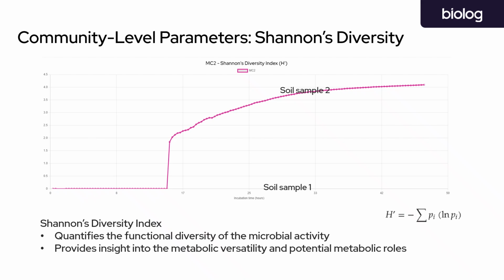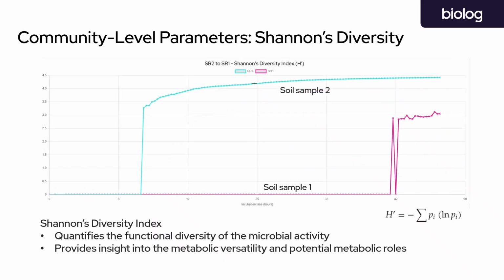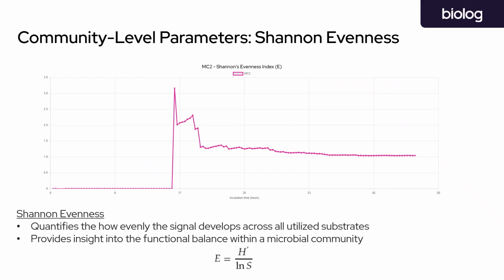So when the microbial community can do more than just a few carbon sources, that means that it's a very versatile community. And this can explain how they can persist in the environment, right? And so again, you can use it to compare two different soil samples, and it is a very nice comparison.